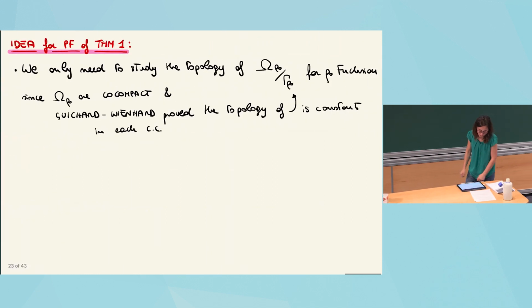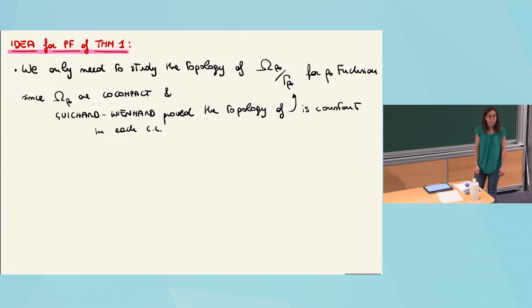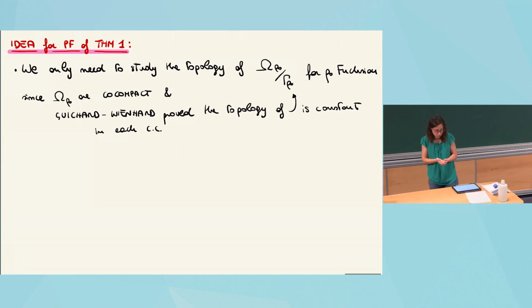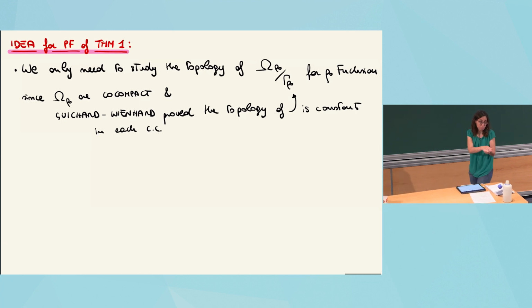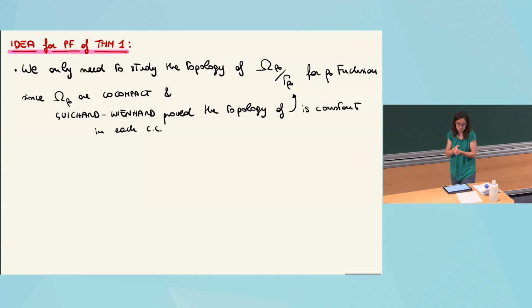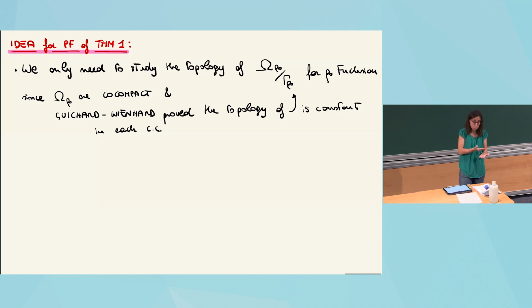So again, the first comment for theorem 1 is that the topology of those domains of discontinuity is constant. We study at the Fuchsian representation, and that suffices, again, because of the co-compactness. So that's crucial.